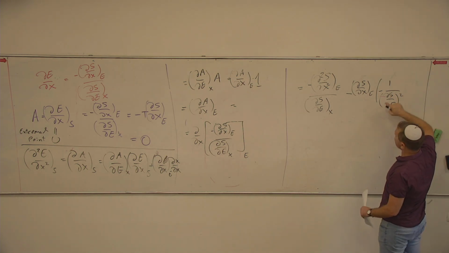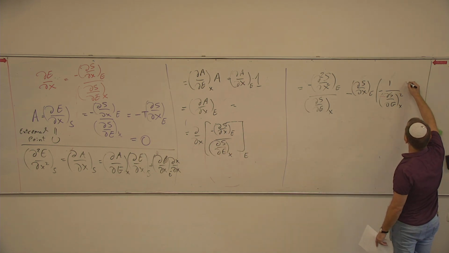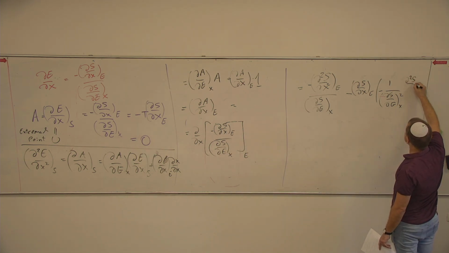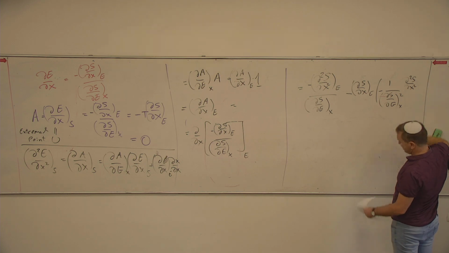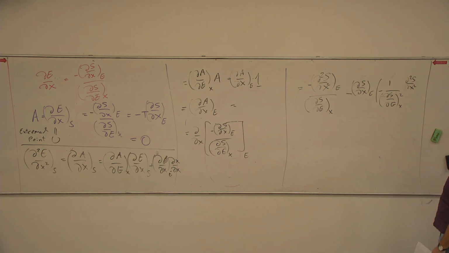And here on top I have an inner derivative of this guy with respect to dx. So it is d squared S/dx squared at E times dS/dx squared. Right? And that's it.